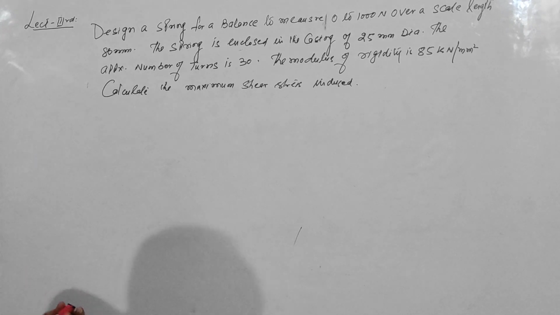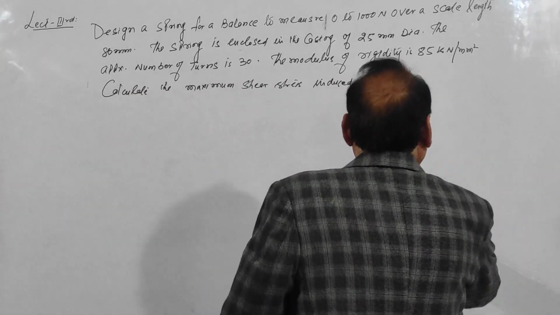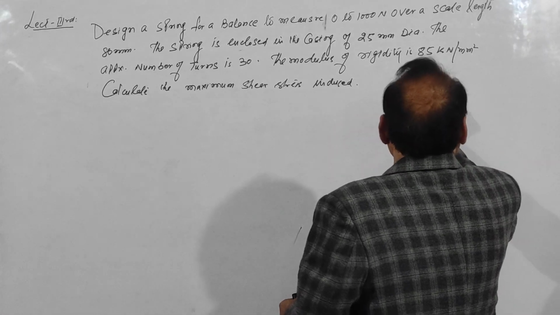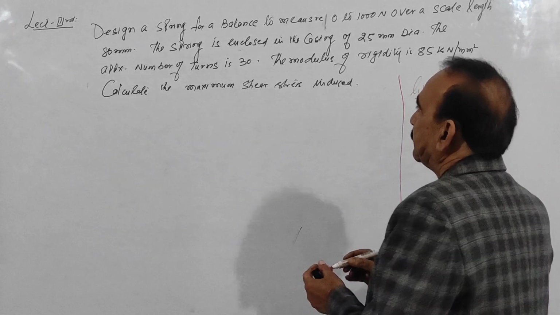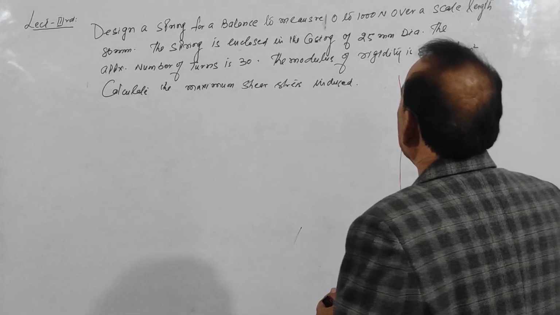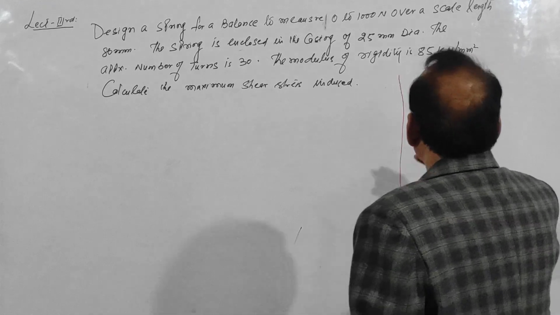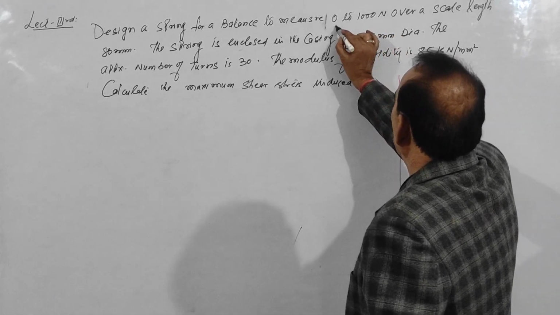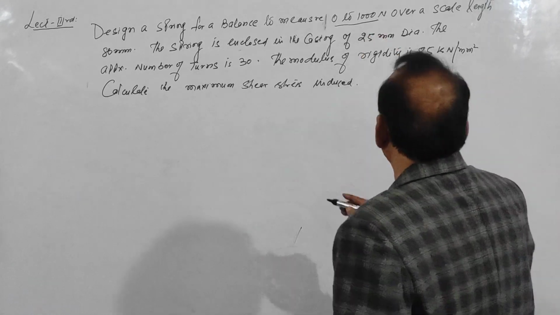Right? So I will write down the given here. So given, क्या दिया है? Design a spring for a balance to measure from 0 to 1000 Newton. तो आप कह सकते हैं कि 0 से हम 1000 न्यूटन तक इसको मेजर कर सकते हैं. तो we will take the maximum load here.